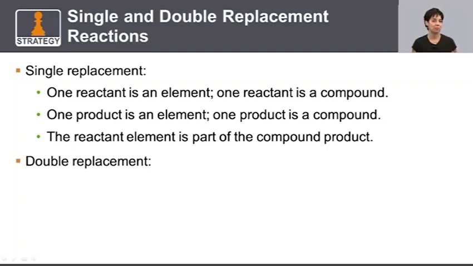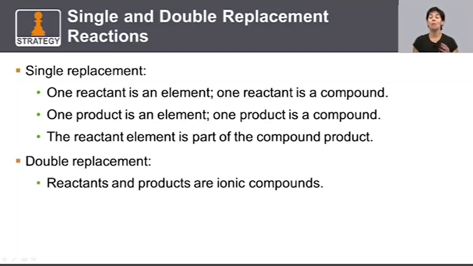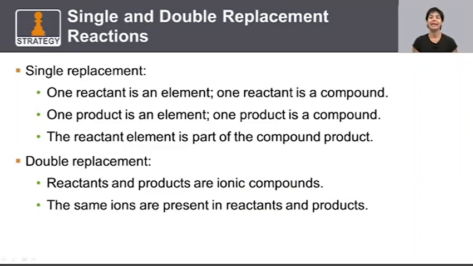In a double replacement reaction, both the reactants and the products are ionic compounds. And the same ions are going to be present in both the reactants and the products. And that's particularly important when we start looking at polyatomic compounds.